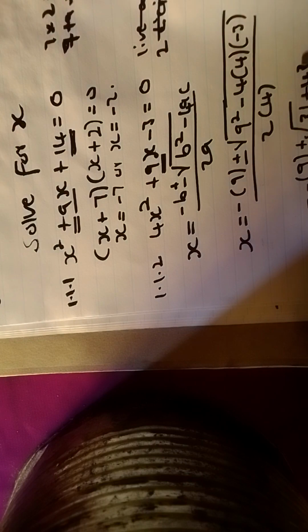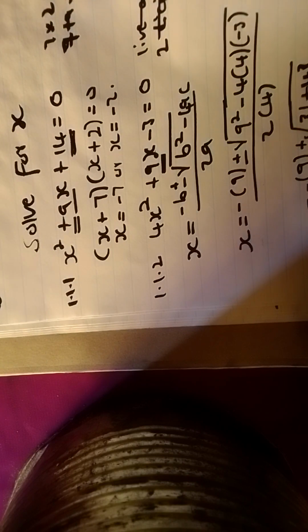Plus 48, divided by 8. Negative 9 plus or minus the root of 81 plus 48, which is 129, divided by 8.